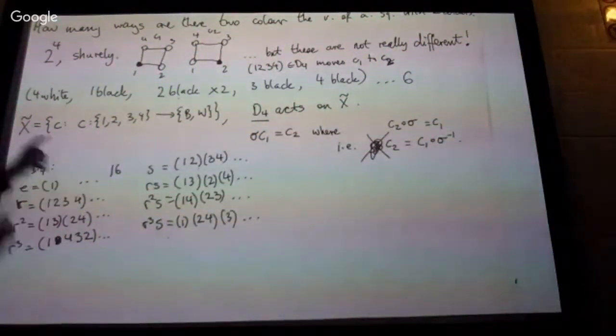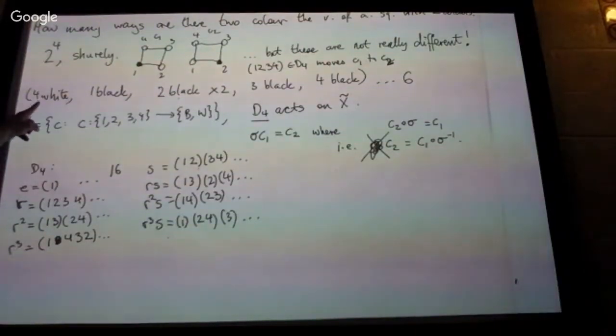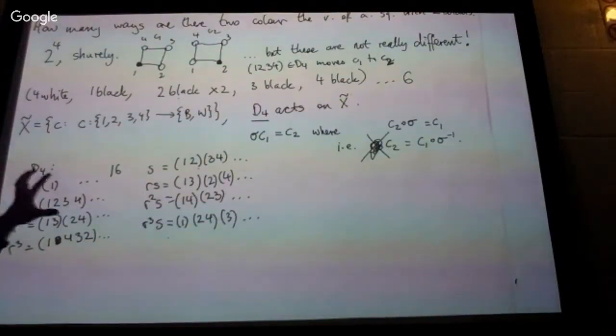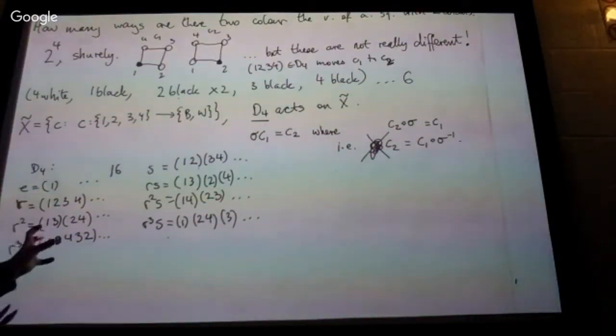Oh yeah, because we're acting on the colorings now, not on the vertices. On the vertices, I can tell you how many orbits because anything can go anywhere by rotating it. What we're trying to count is the orbits of the colorings. So the identity fixes everything. Every coloring stays. So that's why we get 16.